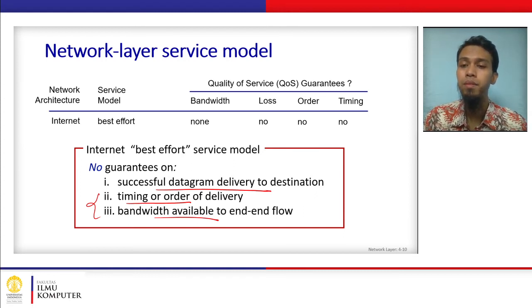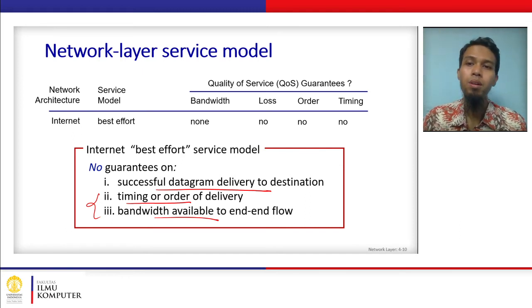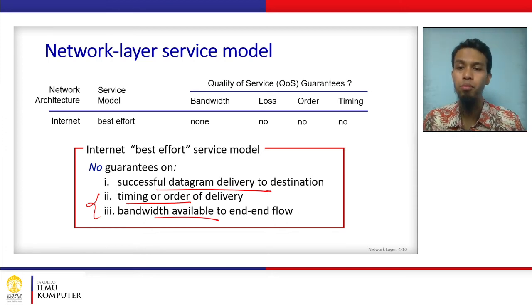If some institutions or organizations really need minimum bandwidth and maximum delay guarantees, then they may use different types of service models. We're not going to talk about that in this course, but you can read more about it. It's also not that much, but you can take a look.